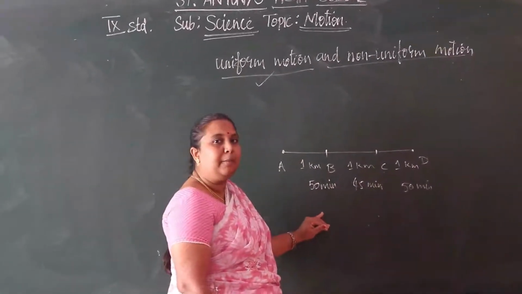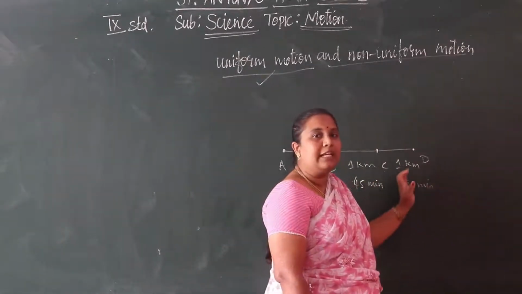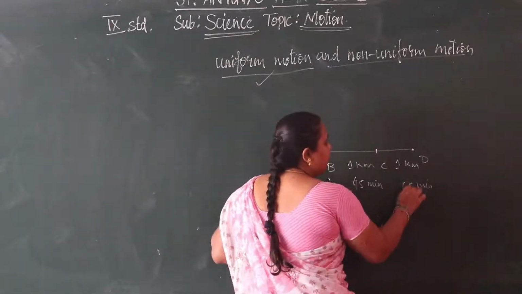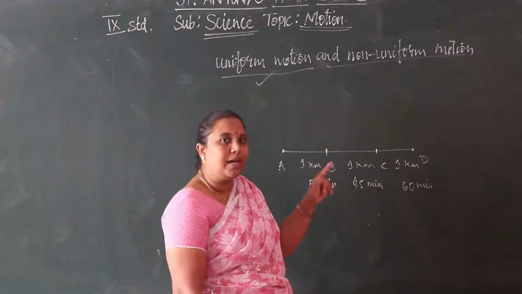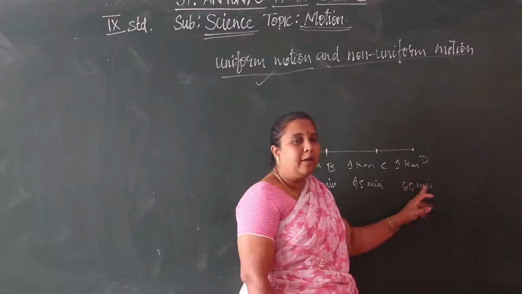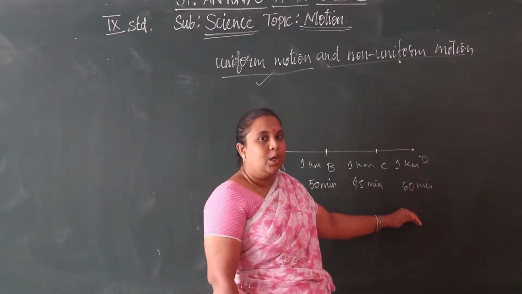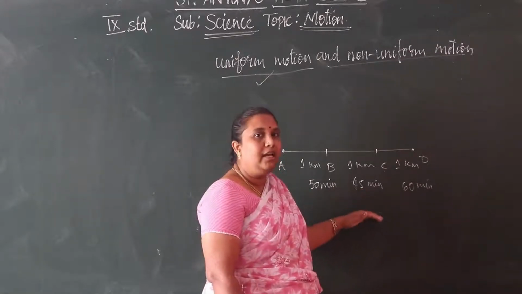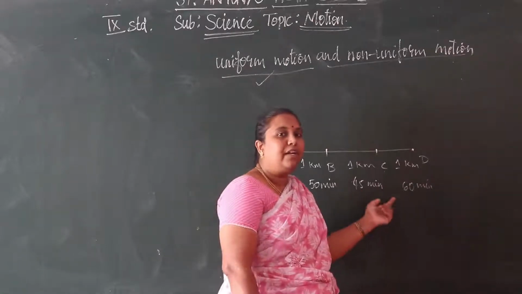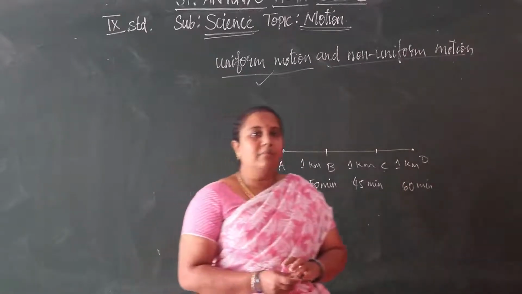And C to D, it takes 1 hour, that is 60 minutes. So here the intervals of time taken are different. When a body travels equal distance in different intervals of time, we can say it is non-uniform motion.